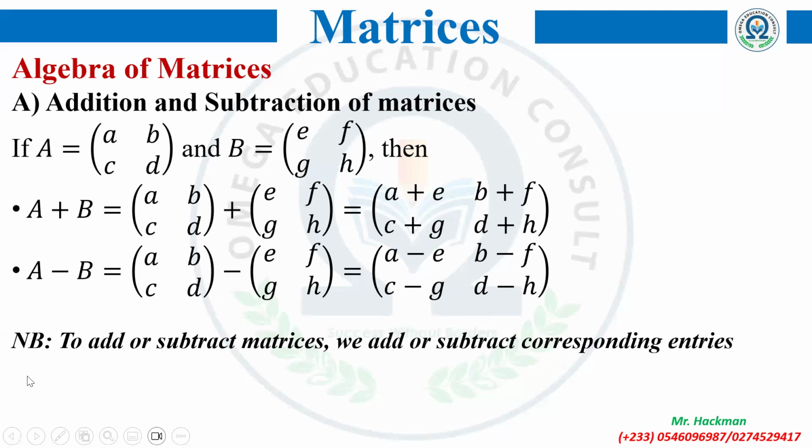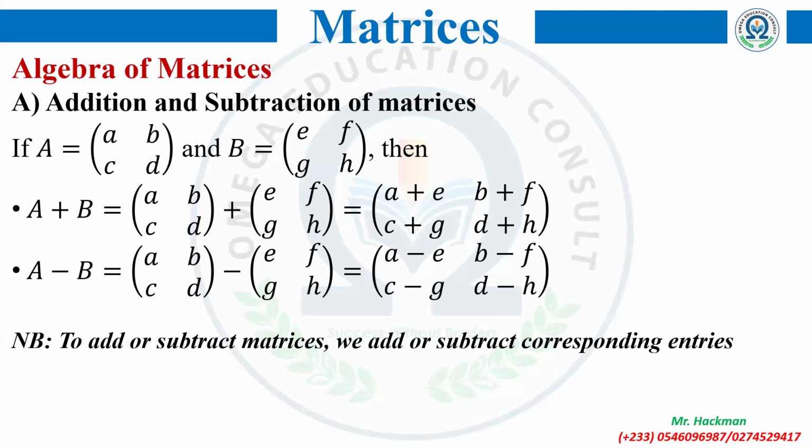The information is stated here. To add or subtract matrices, we add or subtract corresponding entries. So just like vectors, if you want to add vectors in column form, we add corresponding components. With matrices, the numbers are not called components, they are called entries.